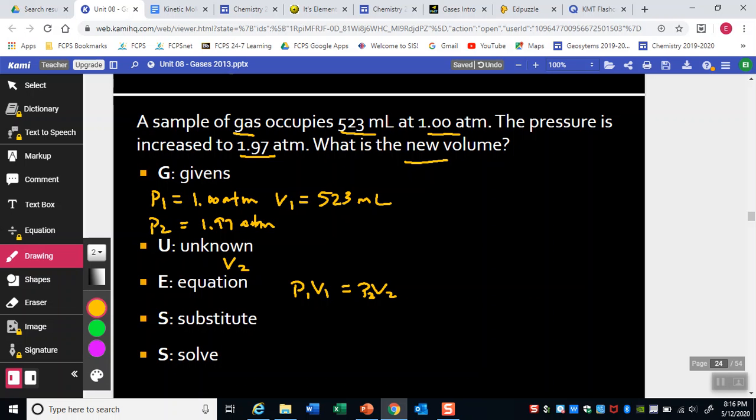So I've got 1 atmosphere times 523 milliliters is going to equal 1.97 atmospheres times V. I don't know this volume, okay? So how do I get this volume by itself? Well, these are being multiplied, so I'm going to divide both sides by 1.97 because then that goes away. So I get my second volume is going to be this divided.